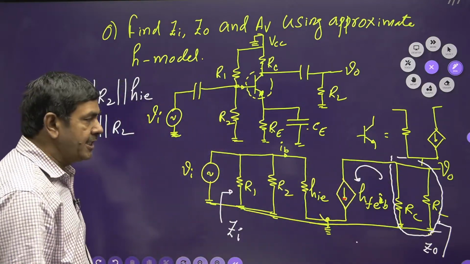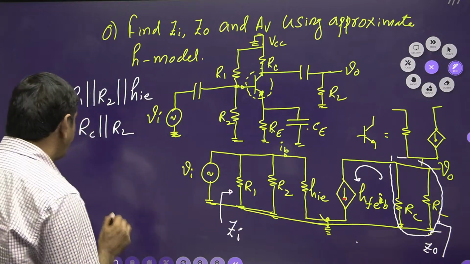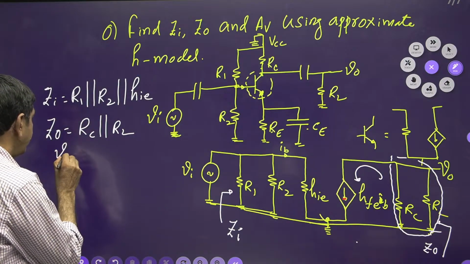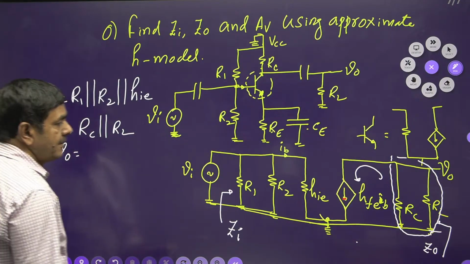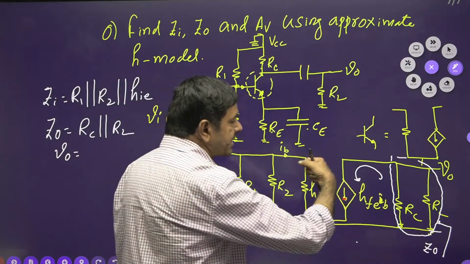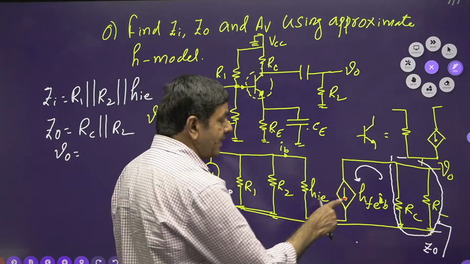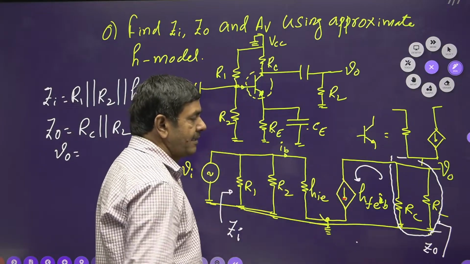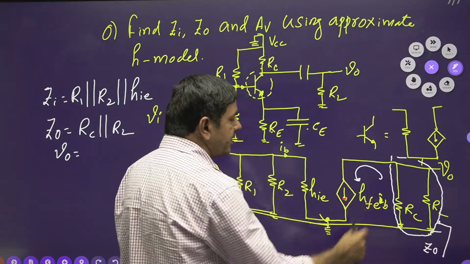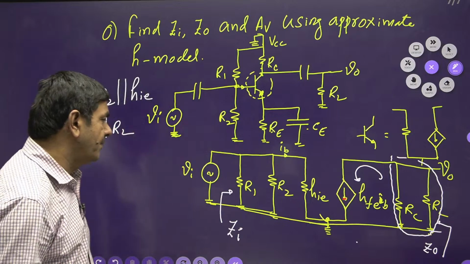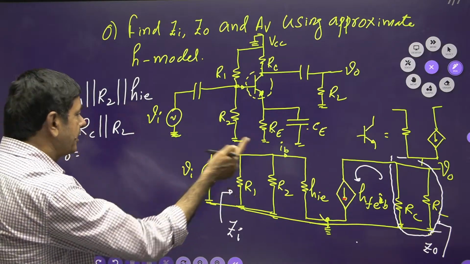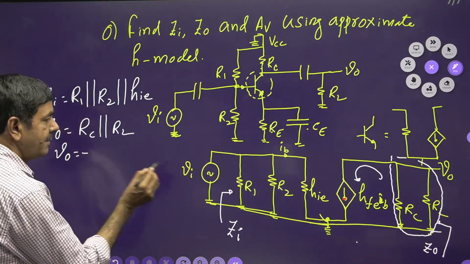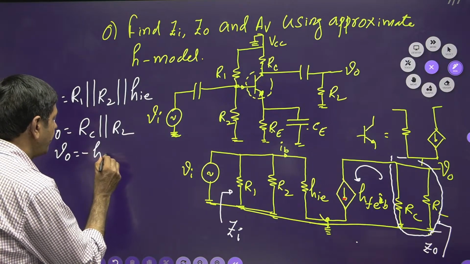To find the voltage gain, I wish to find V0 at first. Mostly a load has to receive the current, but the current is in the reverse direction. Current in reverse means this current is to be taken with a minus sign.